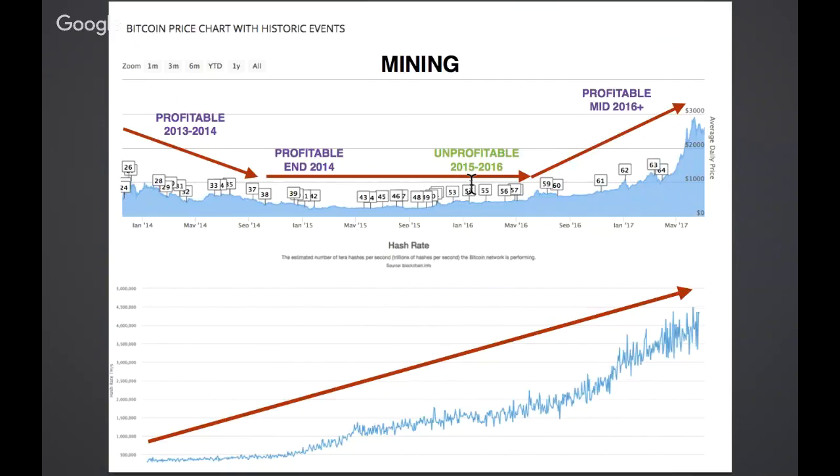There were a lot of private miners, and when they became unprofitable and booked a loss, they just tried to flog their equipment on eBay and other such sites and recover whatever money they could recover, and they had their Bitcoin. But they didn't necessarily keep their Bitcoin. And I want to get to that point also. So in the end, it was a loss-making proposition for a whole lot of people.